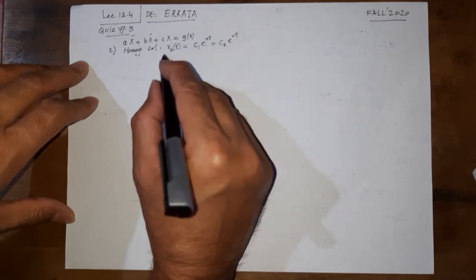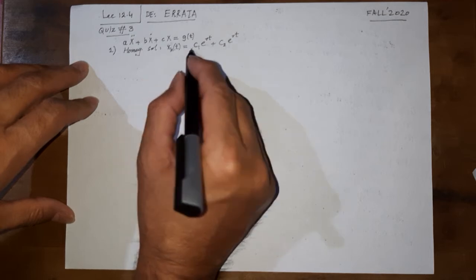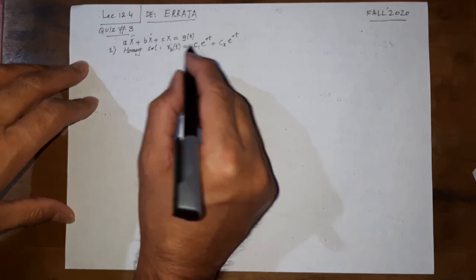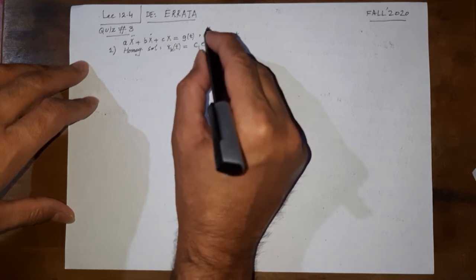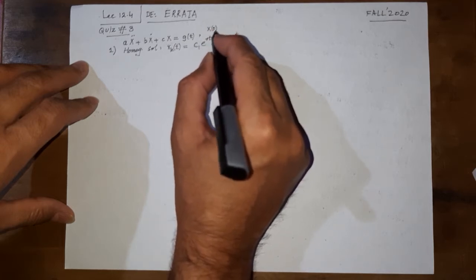In finding the homogeneous solution, I told you to find this C1 and C2 based on the initial conditions that were given with this differential equation.